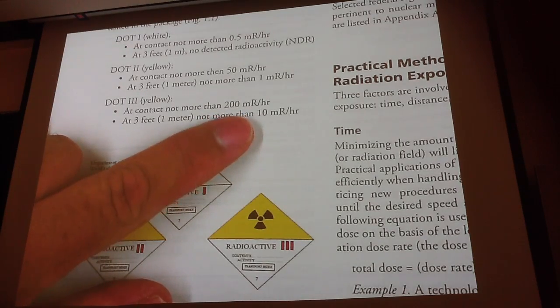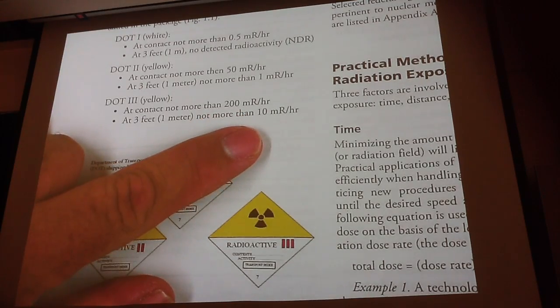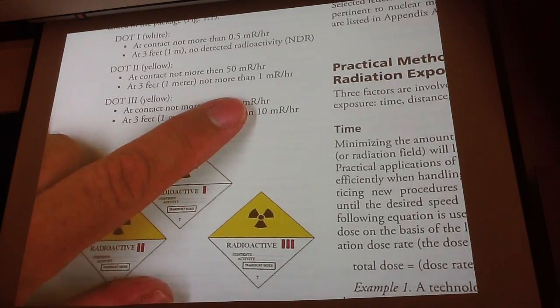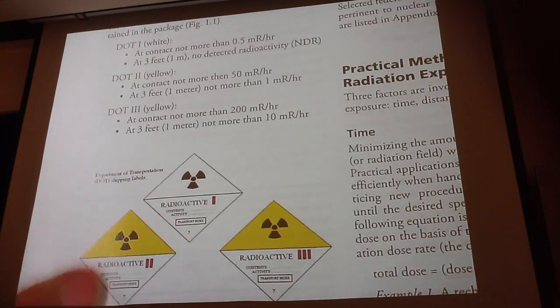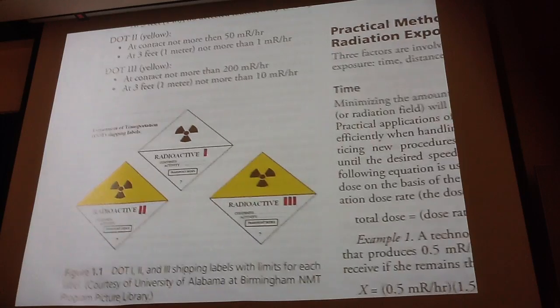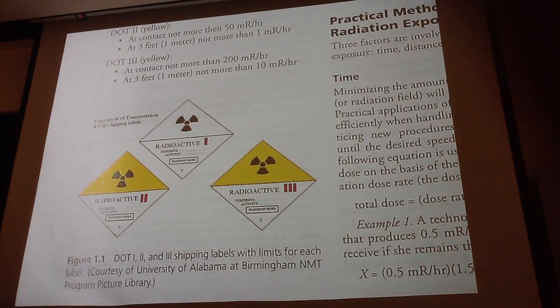Anytime you get more than 200 MR per hour, or 10 MR at 1 meter, you've got a problem, because the way they're supposed to shield this, you're not supposed to exceed either of these. This is on page 4. And again, you should be able to recognize these labels, because when you throw this stuff out, you have to deface them.